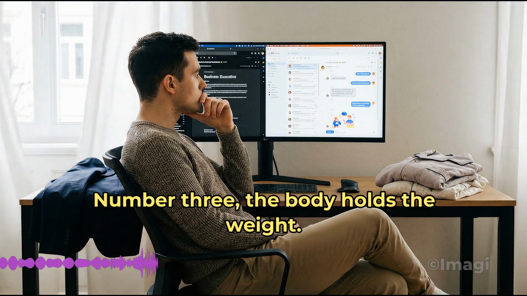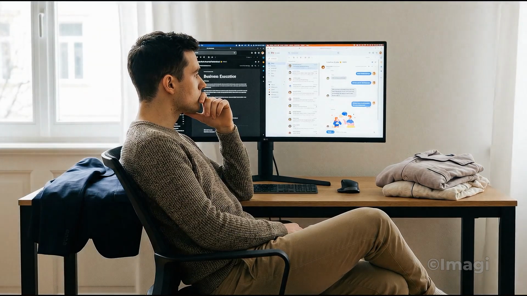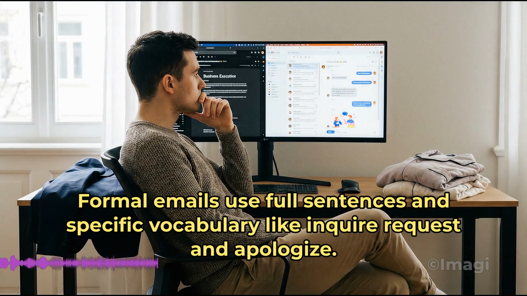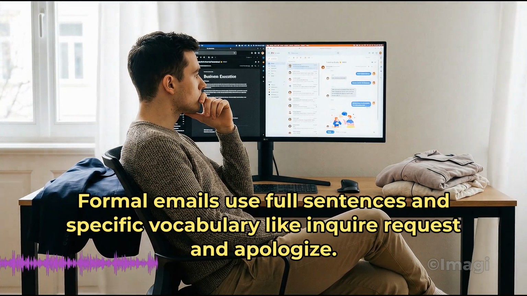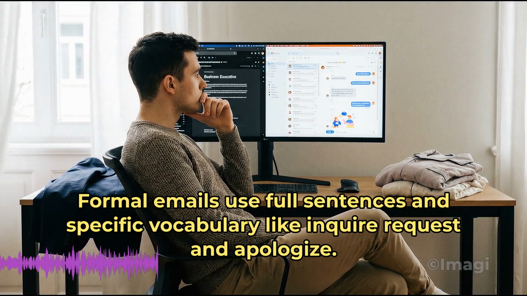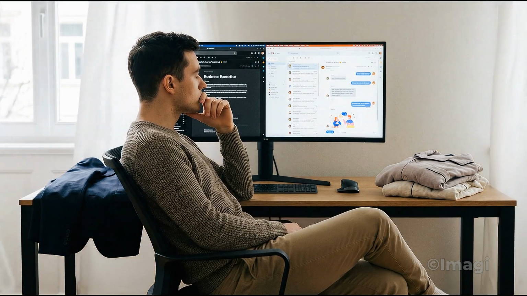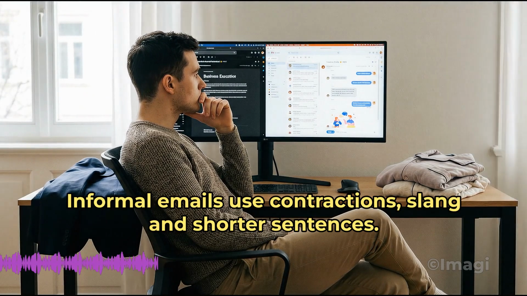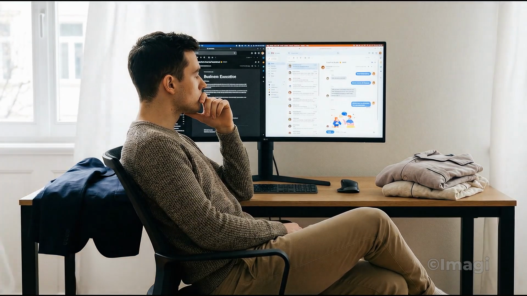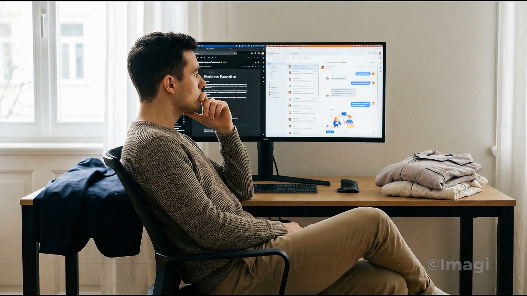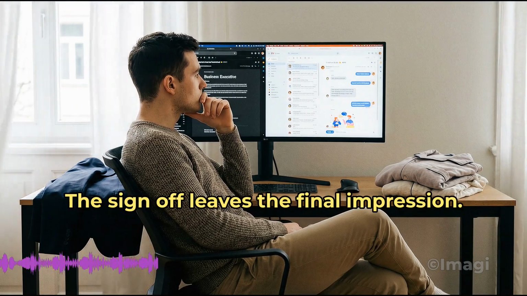Number 3. The body holds the weight. Formal emails use full sentences and specific vocabulary like inquire, request, and apologize. Informal emails use contractions, slang, and shorter sentences. Number 4. The sign-off leaves the final impression.